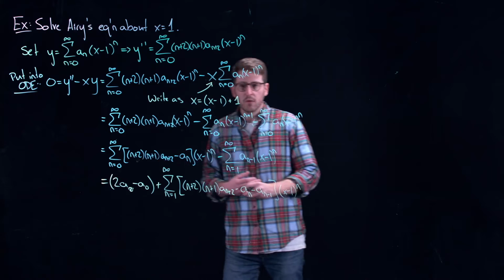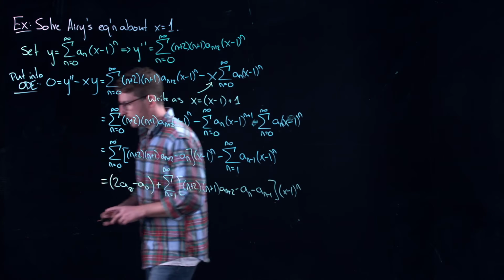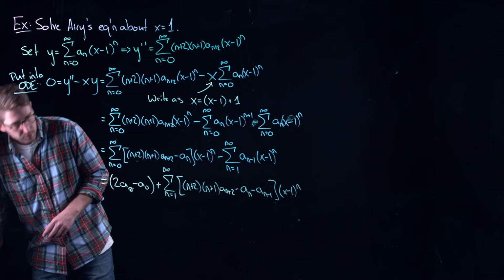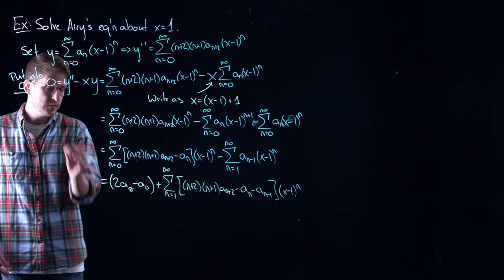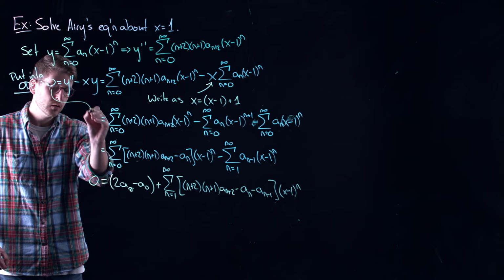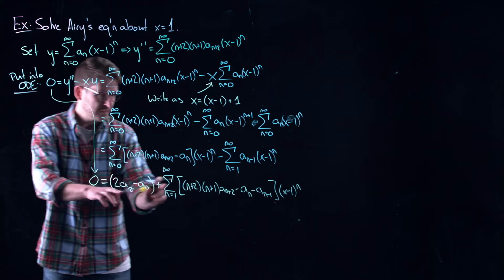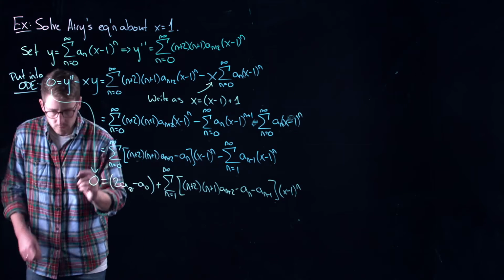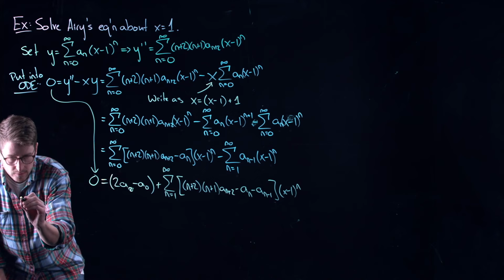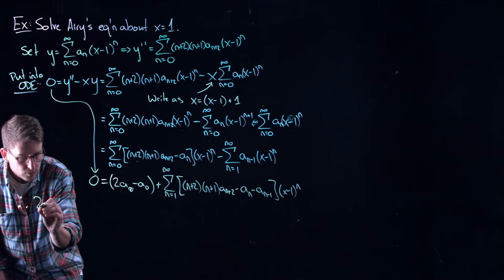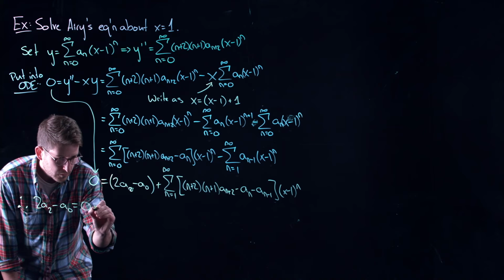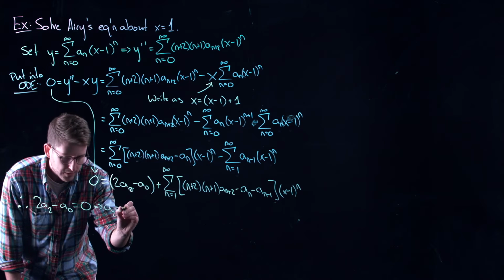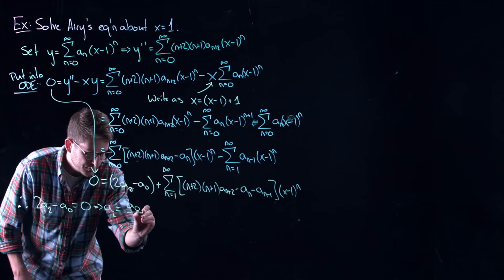And now we can see we've got a much more complex equation. Because, again, remember this was equal to 0. So that tells us that each term in the expansion is equal to 0. So therefore, 2a2 minus a0 is equal to 0, which tells me that a2 can be written in terms of a0.